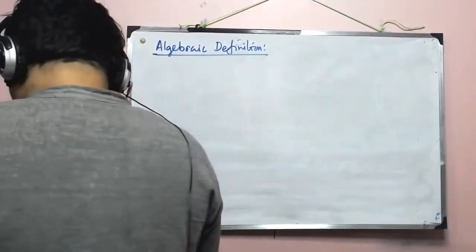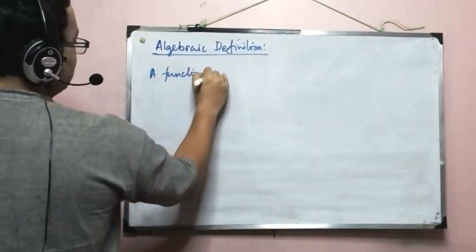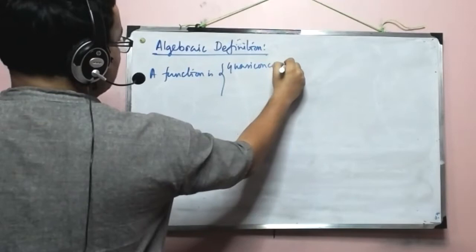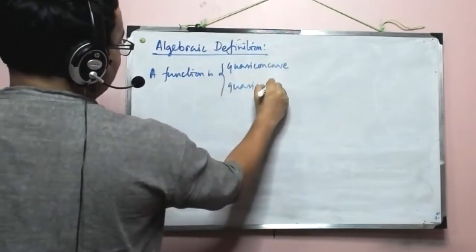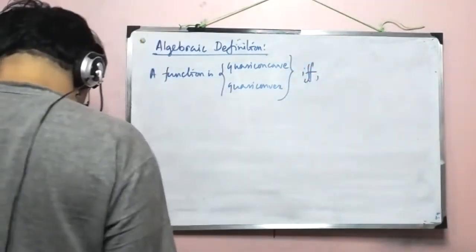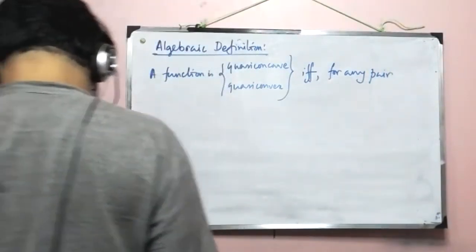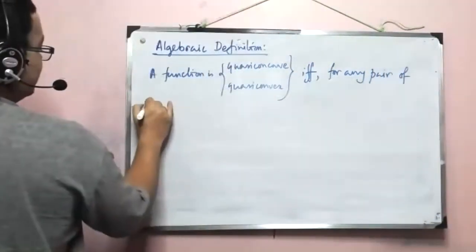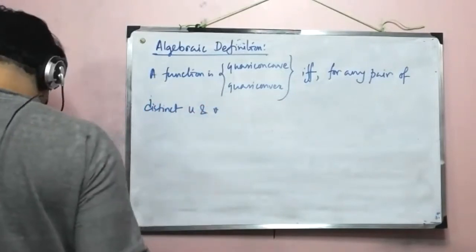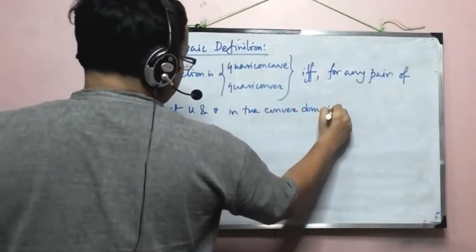So let's look at the algebraic definition. A function is, so we'll write it in the old fashion, quasi-concave, quasi-convex, if and only if for any pair of distinct u and v in the convex domain of f, much like we have said earlier also.